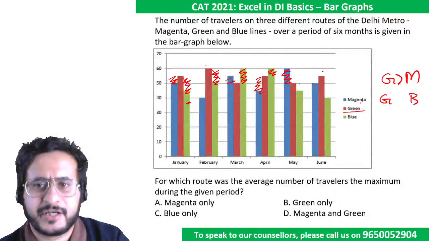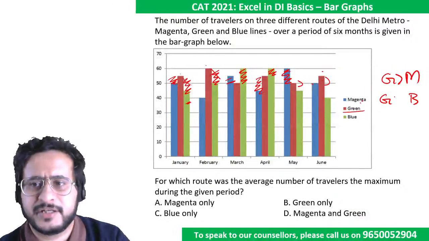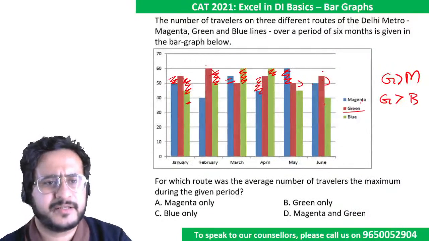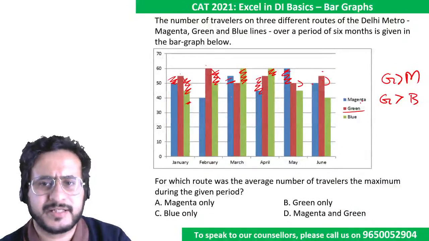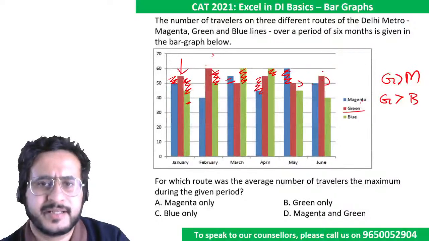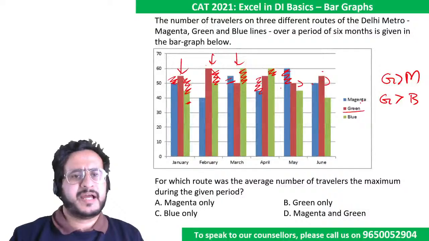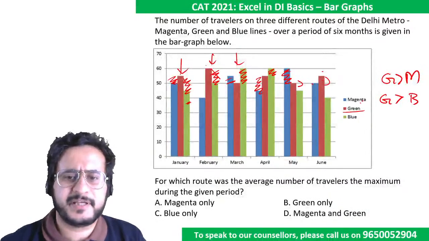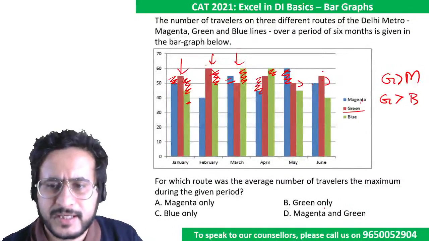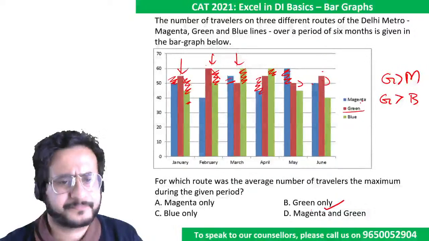Anyway, even if you take offset, this is greater again. So green is definitely greater than the blue line also. Okay, this is obviously the highest. So you do not have to add all the values, right? By just mere observation you can say that the answer will be green.